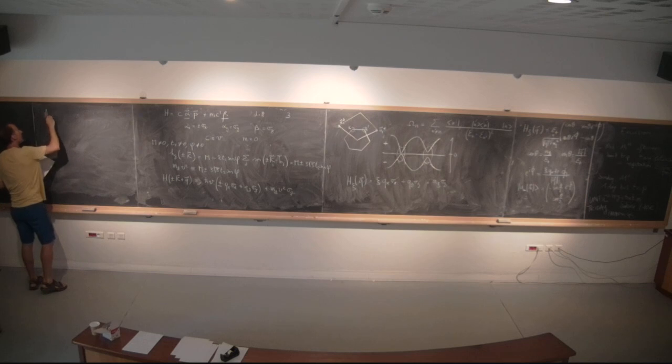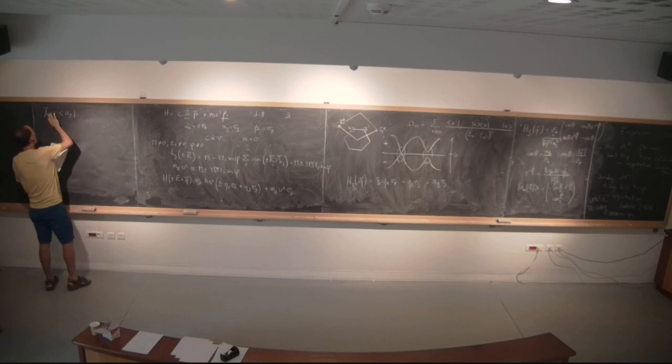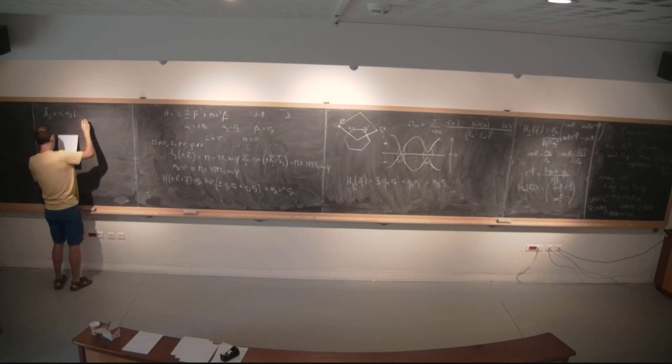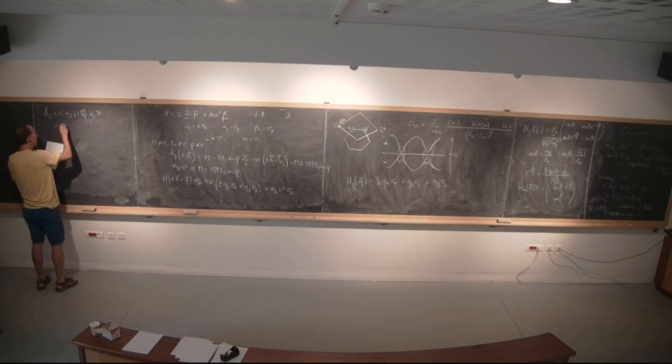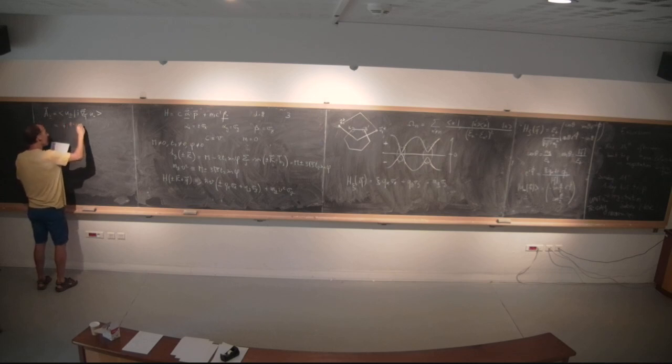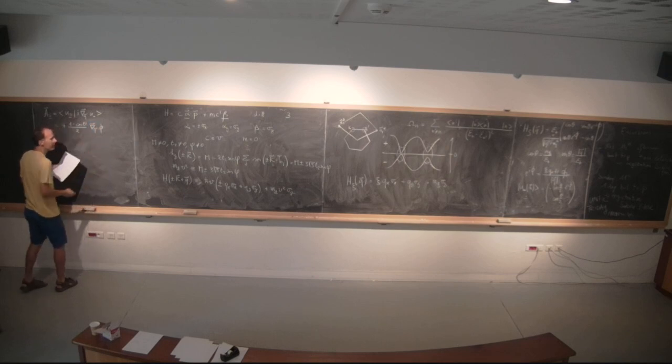Okay, so the Berry connection, actually I'm writing the result for the two bands, but it's not useful. Please check you're able to recover the following result, that it's plus (1 minus cos theta) divided by 2, grad_Q of phi.